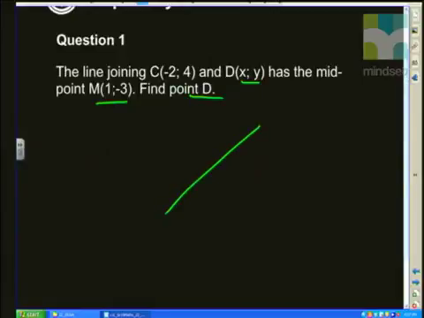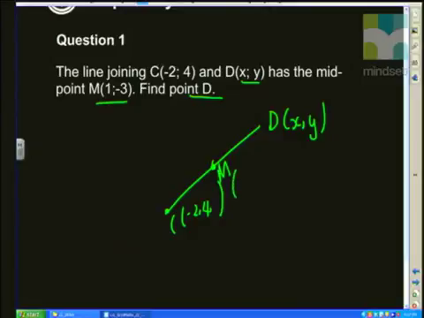We've got C as the point (-2, 4). D is somewhere out here. We don't know the coordinates of D, but they tell us that the coordinates of the midpoint, exactly midway between C and D, are (1, -3). They want you to find the coordinates of D.